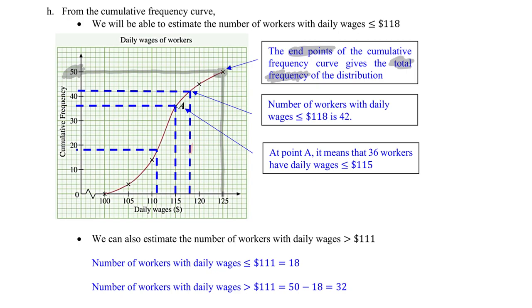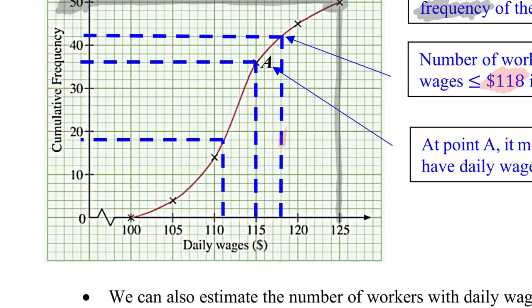So if we were to estimate the number of workers with daily wage of less than 118, we could tap on this graph now. Because from this graph, let me use red color. Then all I have to do is to zoom in. At this point here is 108. And then we can tap on this particular graph now to give us a good estimate.